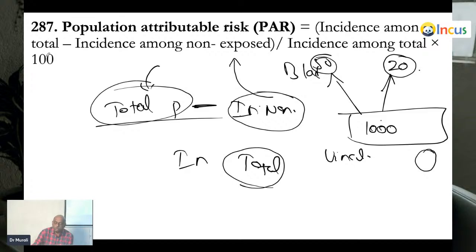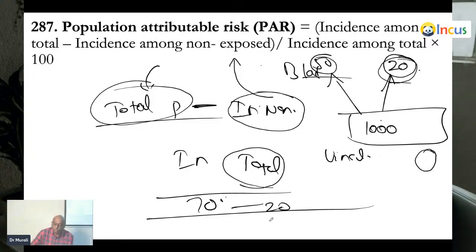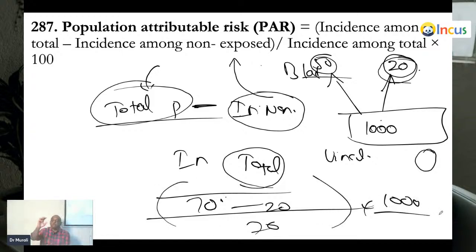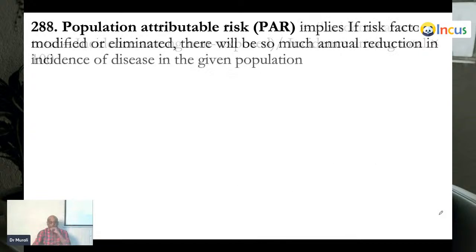So incidence among total population is 50 plus 20, 70. Minus incidence among non-exposed, which is 20. 70 minus 20 divided by incidence among total, 70, into 100 will give you population attributable risk, is what you have to understand.